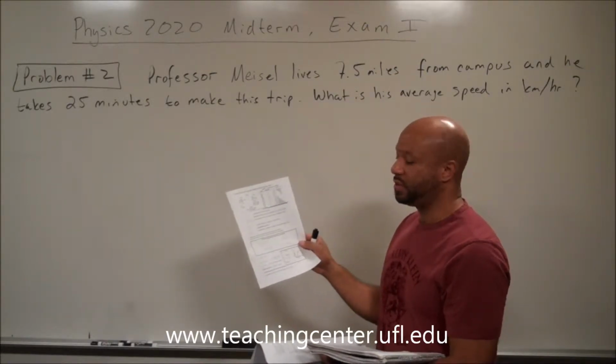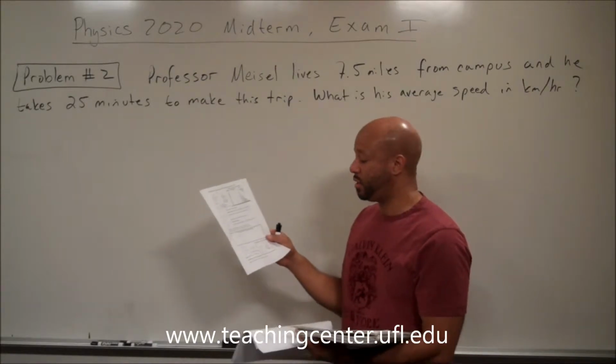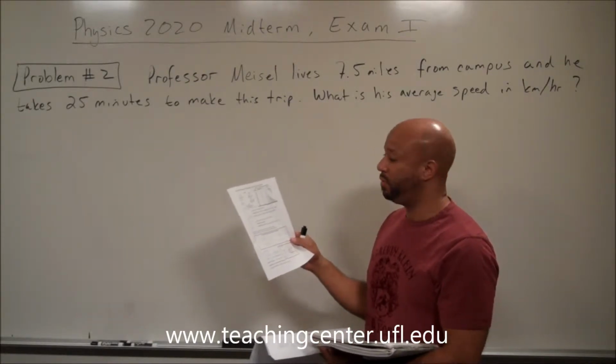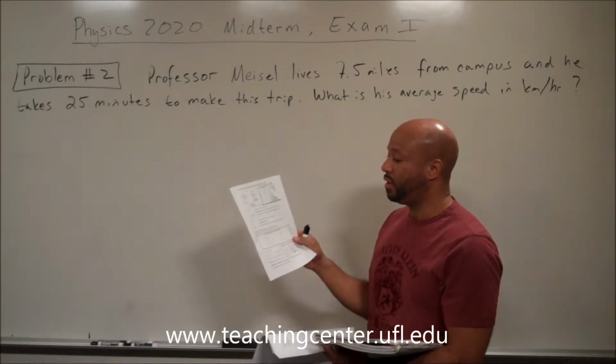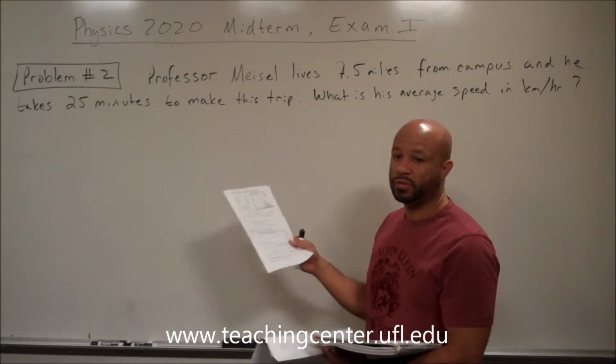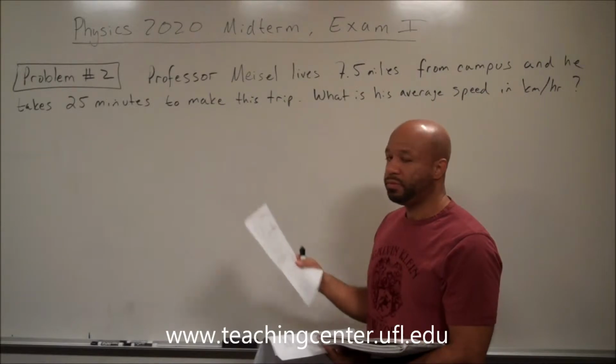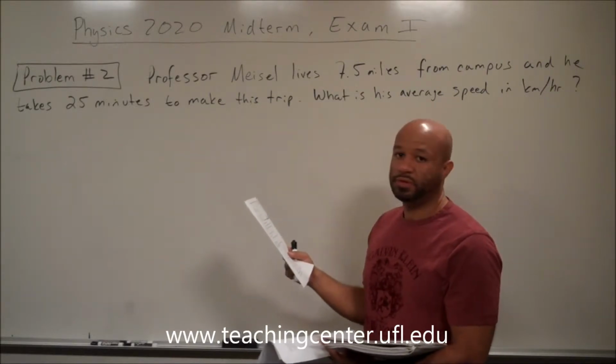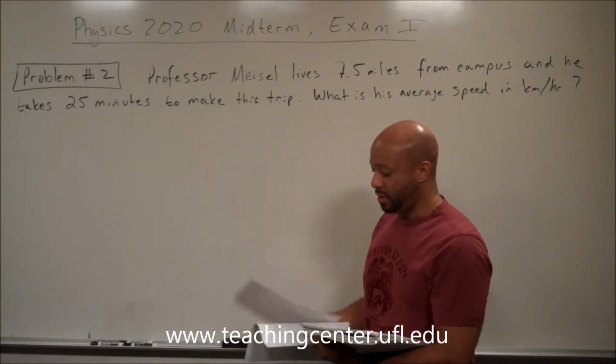Basically this is the formula sheet that is given for Exam 1. I'm going to be referring to this formula sheet as we're working through the problem. So if you have this formula sheet available, it will be useful in order to follow along.